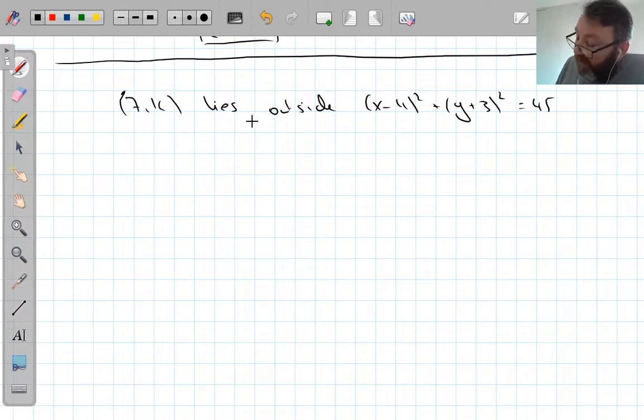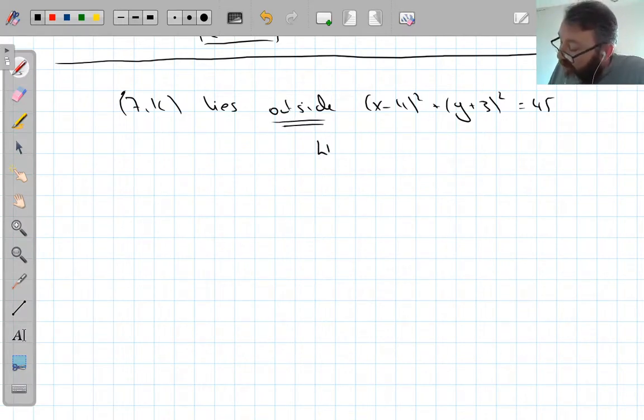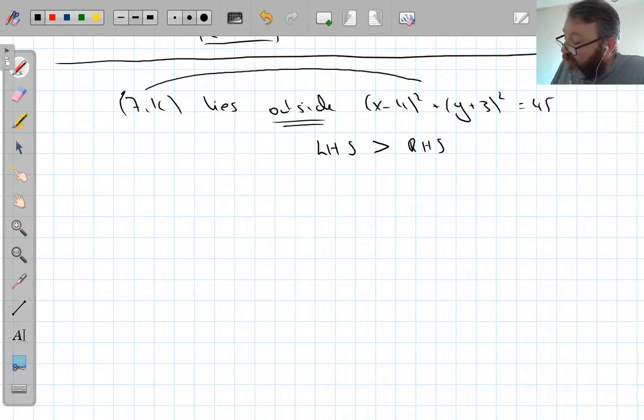Now again, the same thing. If (7, k) lies outside, what does that mean? That means the left hand side of my equation will be bigger than the right hand side of my equation when I put the point into the equation. Alright, so if it's outside, it'll give you a bigger left hand side. If it was on, it'll give you the same left hand side, and if it was inside, it would give you a smaller left hand side.